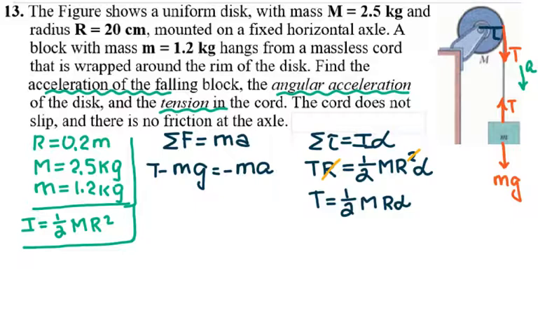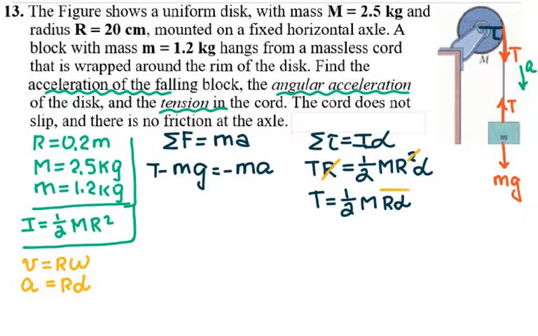And if you remember from our first video on angular motion, I showed you that linear velocity is equal to r omega, and linear acceleration is equal to r alpha.